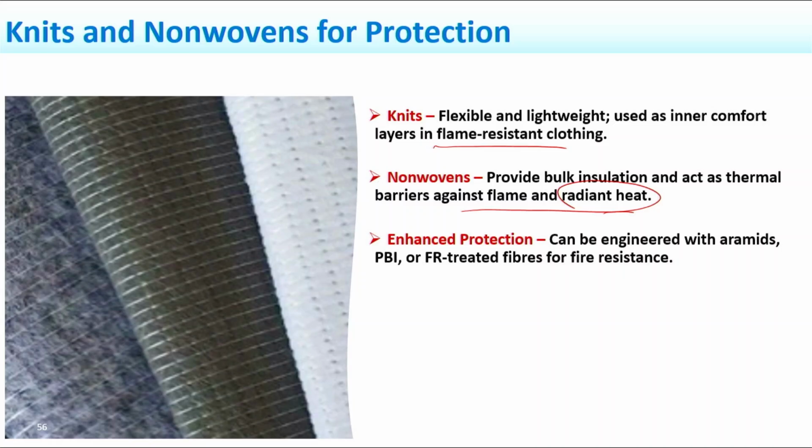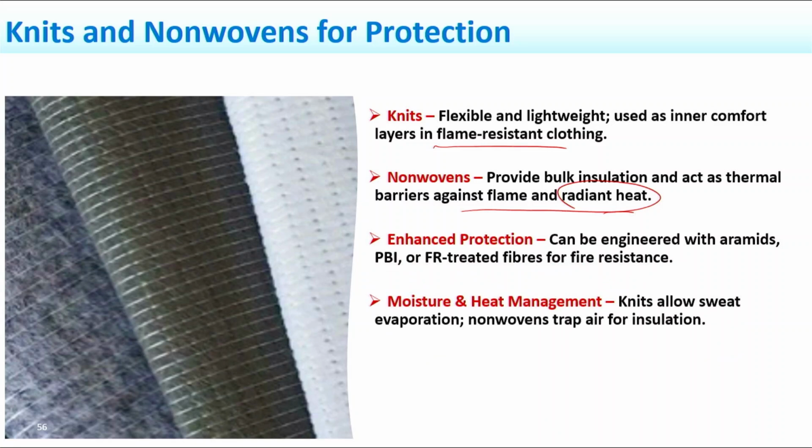So, we can use this type of fibers for enhanced fire protection. Moisture and heat management is very good through the knit fabric, which allows sweat to evaporate easily, and for nonwoven, the advantage is that it can trap still air, which acts as an insulator.